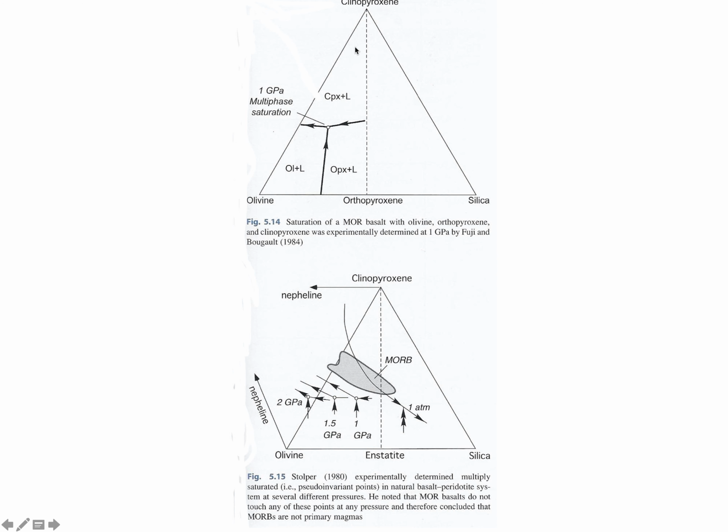Going in this direction, we have CPX plus liquid. If we are going to this direction, we have olivine plus liquid. If we are going more to this direction, we have orthopyroxene and liquid. And when we are cooling down, then we have here at this point the multi-phase saturation.